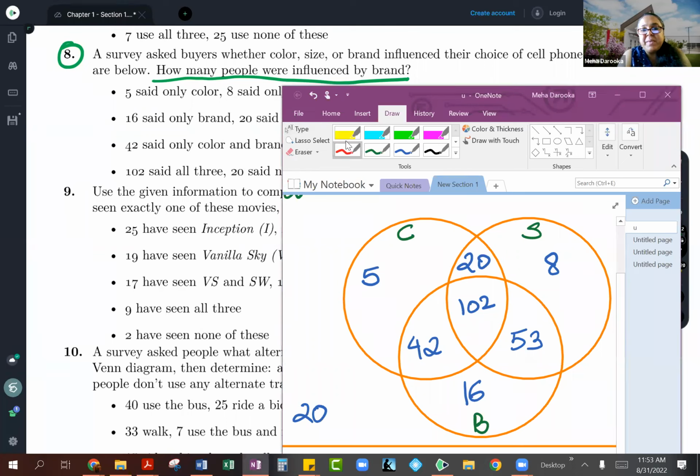So that is of course the 16, but then the 42, the 102, and the 53, because all of them fall under this circle of the brand. So all four of those numbers have to be combined together, because the 5 here is only for cell phones, the 20 is cell phone and size, and the 8 is only for size. And then, of course, the 20 on the outside didn't take any of those into consideration. So you have to take all four of these numbers and add them together to get your total.